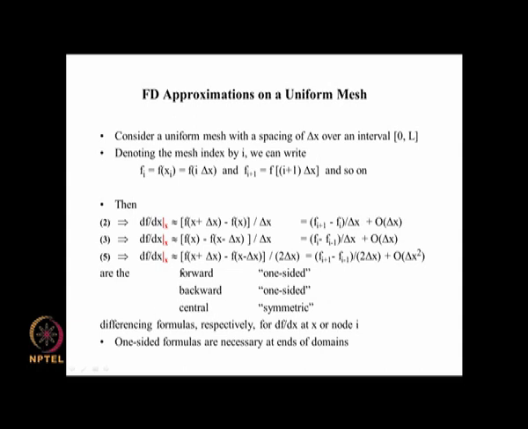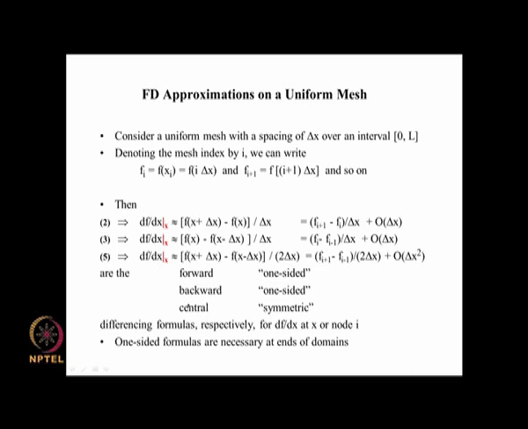So forward and backward differencing schemes are one-sided differencing schemes. That is, you have I and I plus 1 and I and I minus 1. Whereas this is central in the sense that you have points which are both to the left, I minus 1, and right of this. So both sides are being used to express the approximation of this.